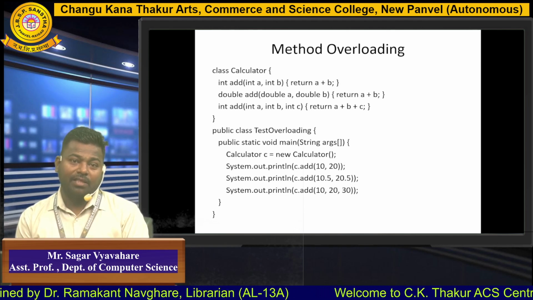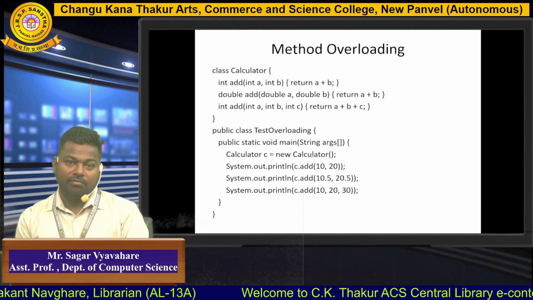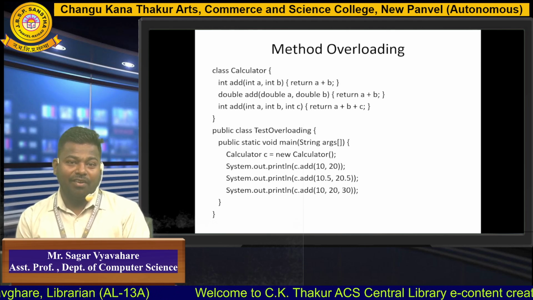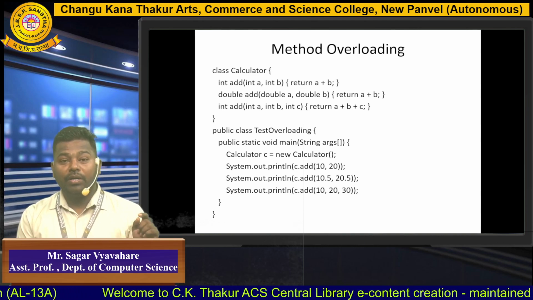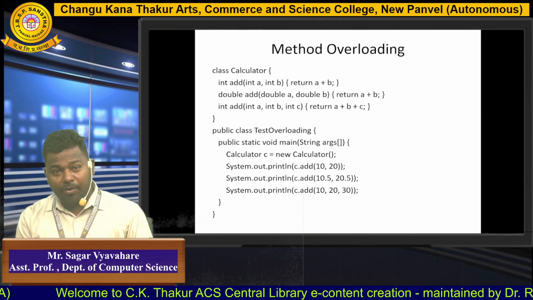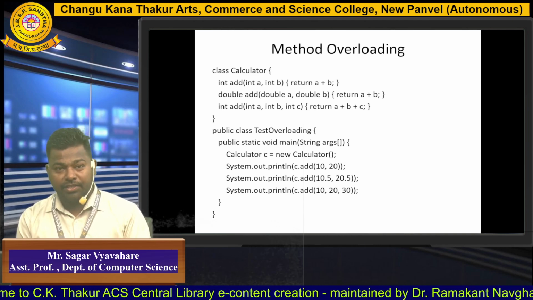In the second method we have the same method name, but the data type is different. Double is the data type. Got it? So here we are accepting two values, again a and b, and returning their addition.